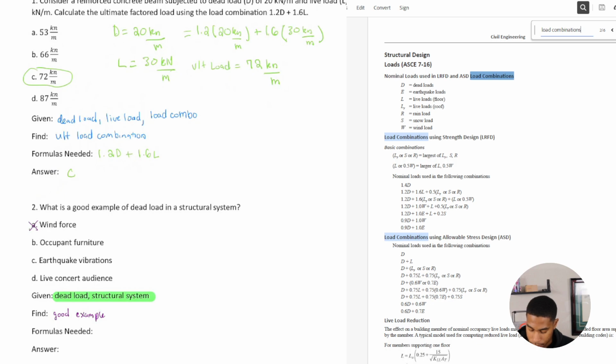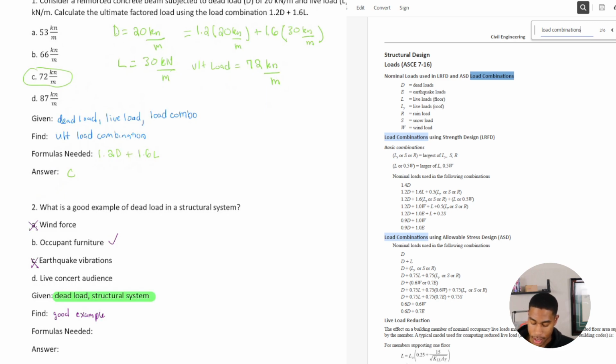Okay, so would occupant furniture be one? Well, if the furniture sits there, doesn't go anywhere, they're not moving it, then yes. Earthquake vibrations. If you're having earthquake vibrations all the time, you would not want to be in that structure. And then live concert audience?